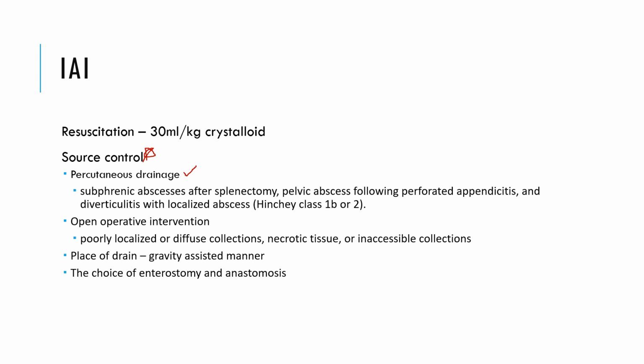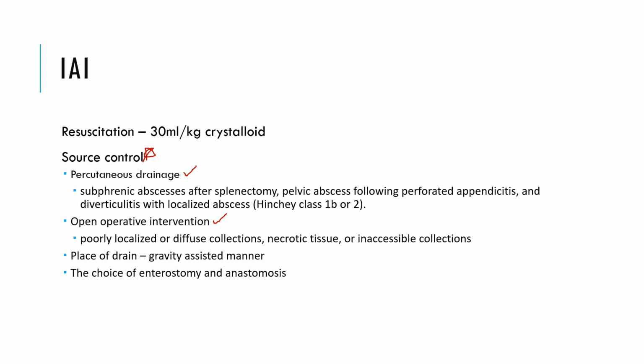Or you have to go for an operative intervention for poorly localized or diffuse collections, necrotic tissue, or inaccessible collections. And usually in intra-abdominal infection, you place a drain, and that is done in a gravity-assisted manner. The choice of drain also plays a significant role in reducing post-operative complications.